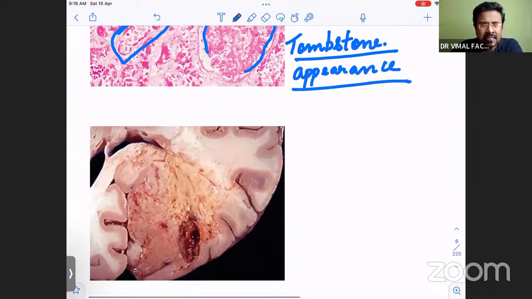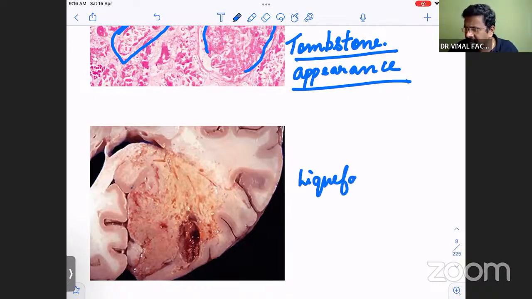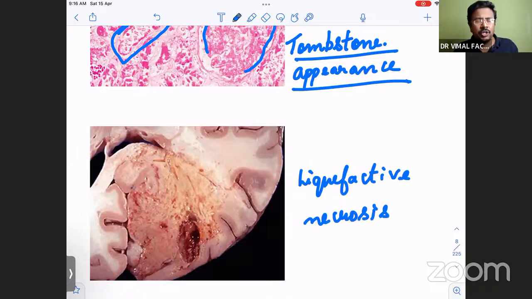Then that is about coagulative necrosis. Coming to the next, if you hear the words brain and necrosis, you have to think of liquefactive necrosis. Brain tissue is rich in hydrolytic enzymes, so the necrosis which occurs in the brain results in hydrolysis of the tissue.